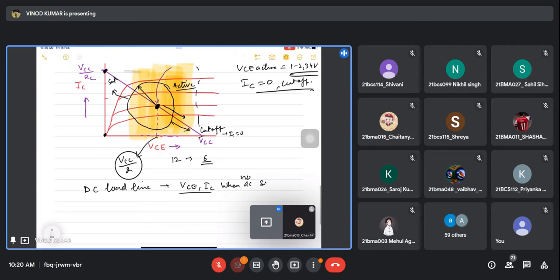When no AC signal is being applied, we can see this operating point, which generally lies here. So this is the DC load line. It is in between cutoff and saturation. That is what it means. It is the point in between.